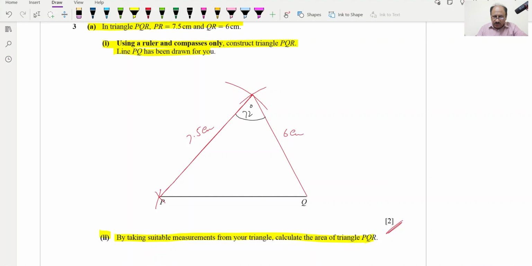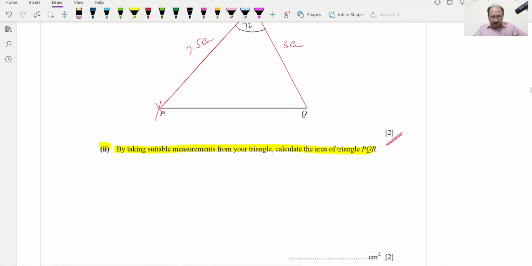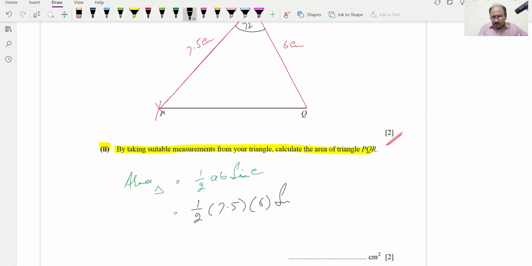After this we need to find the area of the triangle, and area of the triangle we know is what? Formula for area of triangle is, area of triangle is equal to 1 by 2 into AB sine C, and A B is like this one. A is 7.5 and B is 6, and sine of 72 degrees, and this one we can calculate.